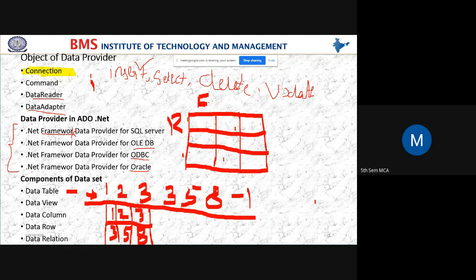So this table consists of how many rows? 3 rows. And how many columns, students? 3 columns. Can you increase the row and column value? Yes, you can include more rows and columns.